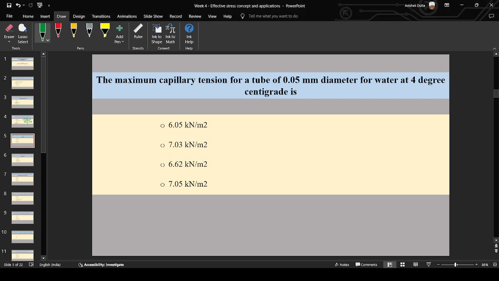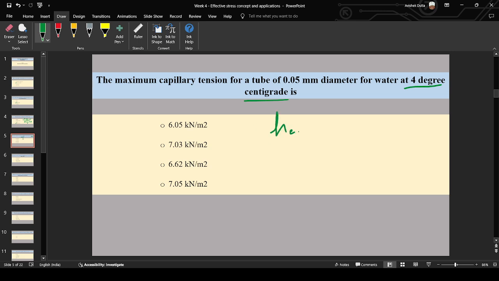The maximum capillary tension for a tube of 0.05 mm diameter, for water at 4 degrees centigrade. At 4 degrees centigrade, we have a formula for the maximum height of capillary water.